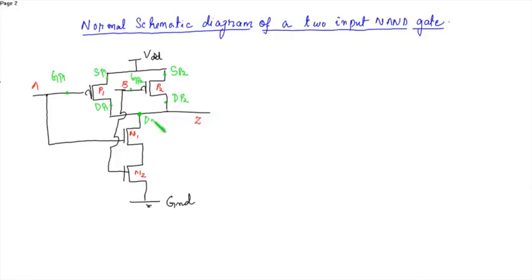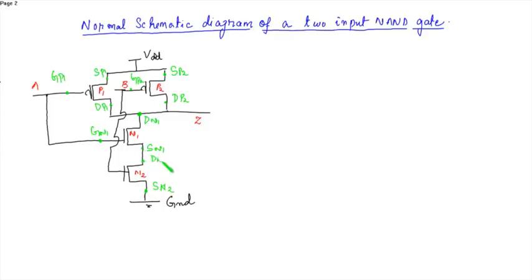So this is the drain terminal of N1, source terminal of N1, and this is the gate terminal of N1, and the source of the NMOS is connected to ground. So this is source of N2.